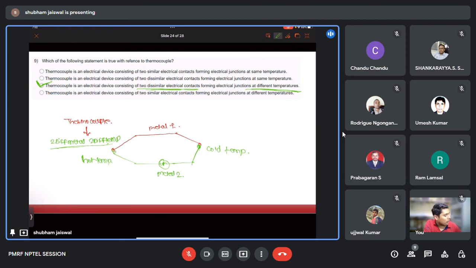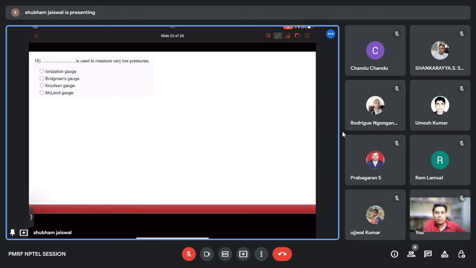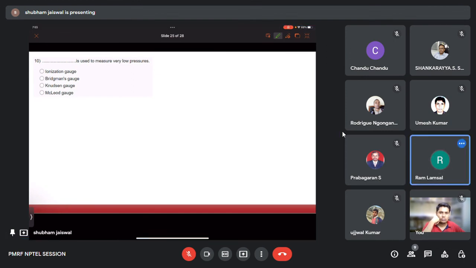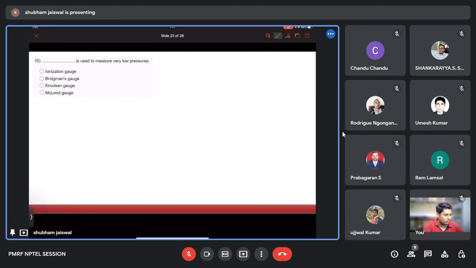So moving to our last question. Which is used to measure very low pressures: ionization gauge, Bridgman's gauge, Knudsen gauge, Metrology gauge? Ionization gauge. Any other option? Sir, McLeod gauge.